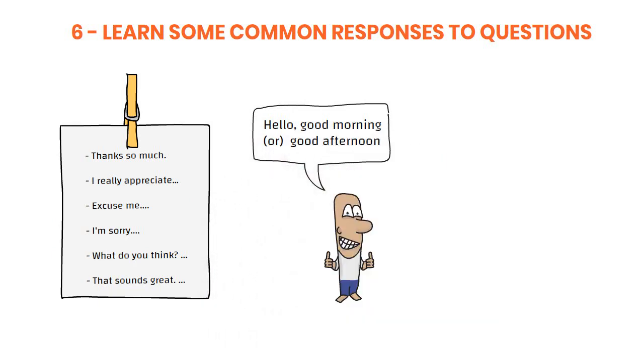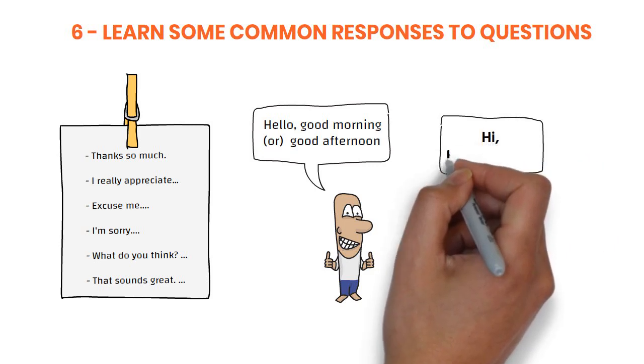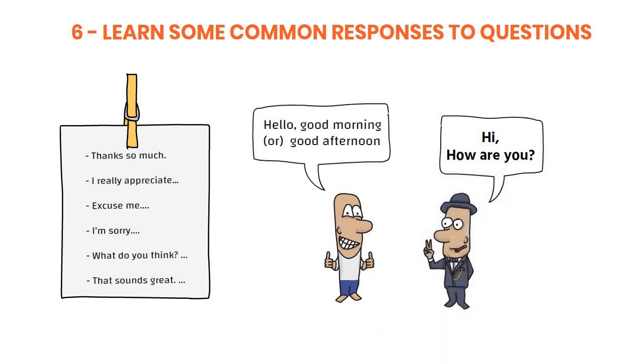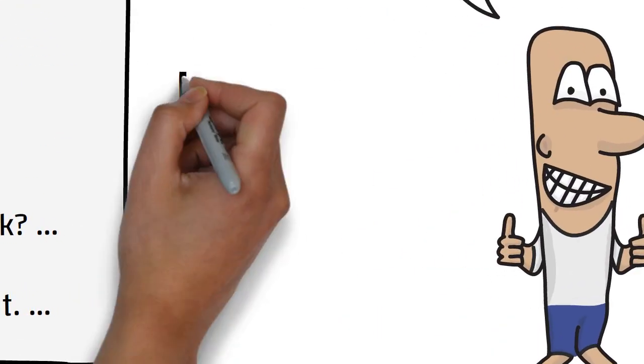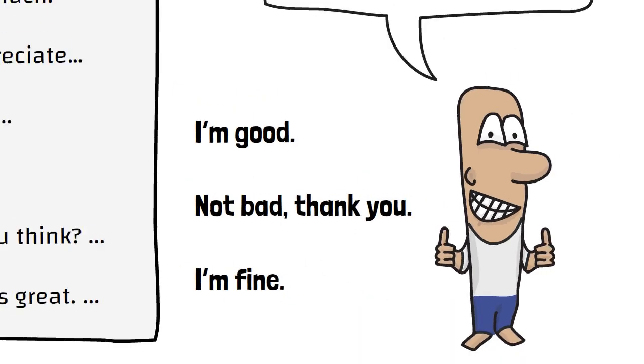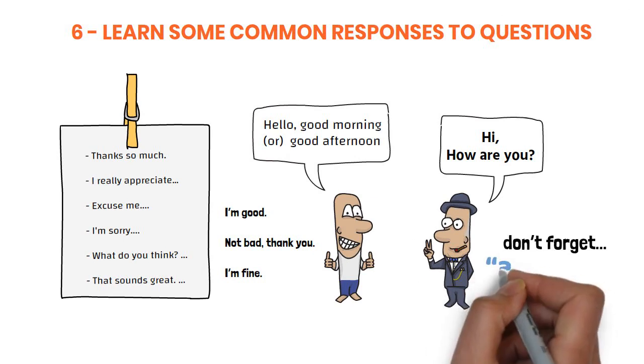We also ask each other, how are you? And how you respond to that question will determine how familiar you are with native English. Also, we have a variety of ways to respond, so try to remember a few options so that you don't always use the same answer. These responses might include, I'm good, not bad thank you, or I'm fine. And of course, don't forget to follow your response with asking the question back. And you?